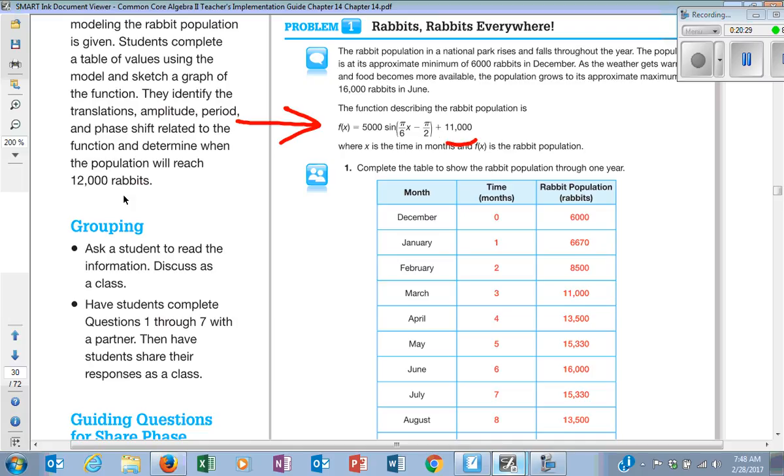So it's easy to see that it was shifted up 11,000 because remember, from yesterday, this right here is our vertical shift, how much it goes up or down, correct? This right here is how much it is going to be in this. We'll talk about this one. This one's a pain in the butt. This one right here, notice, is our amplitude, correct?